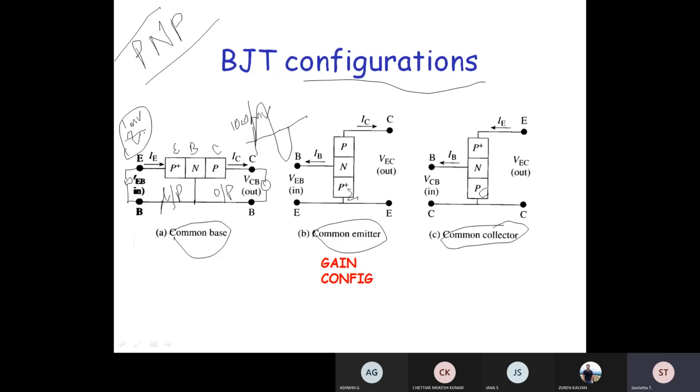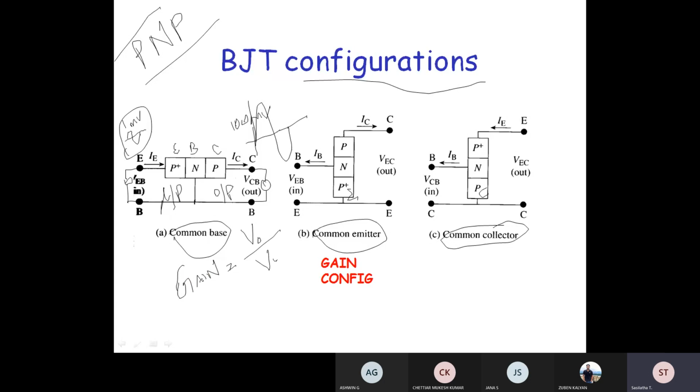Now here the amplification factor, output voltage divided by input voltage, is nothing but the amplification factor or gain. Gain is equal to the output voltage, maybe V naught, divided by the input voltage VI.